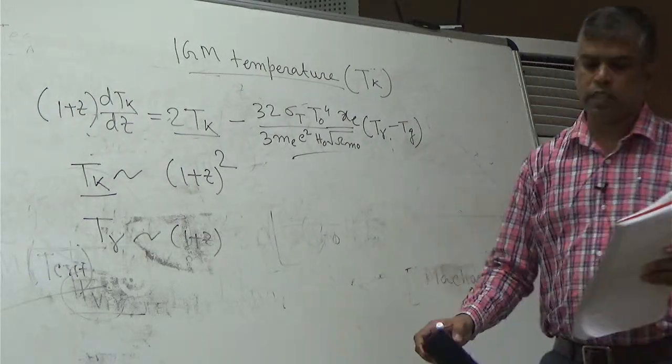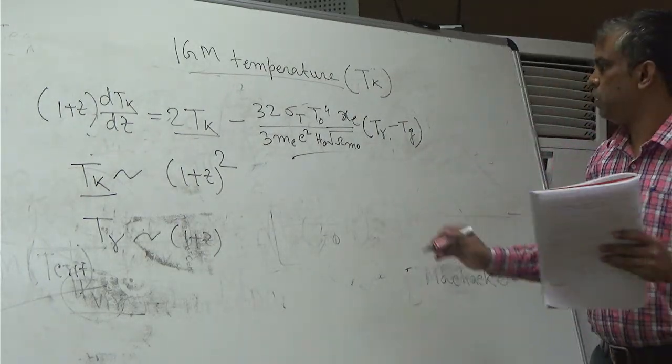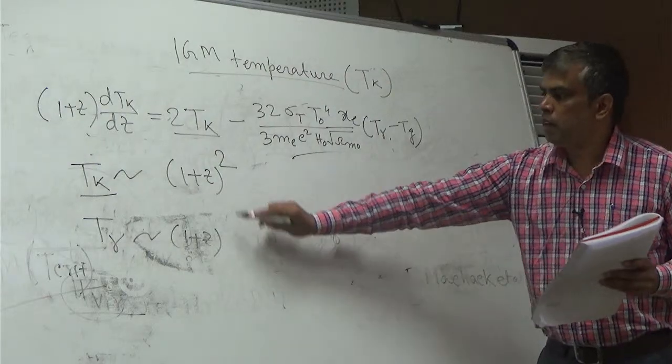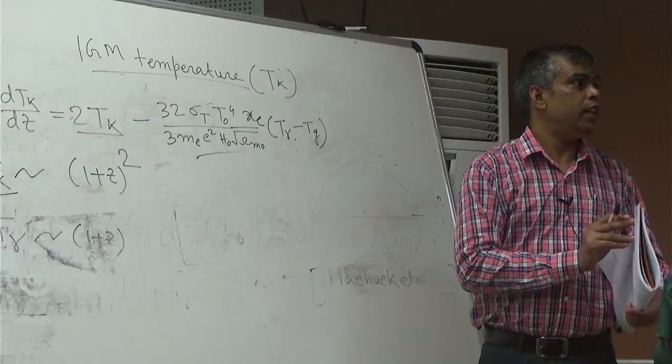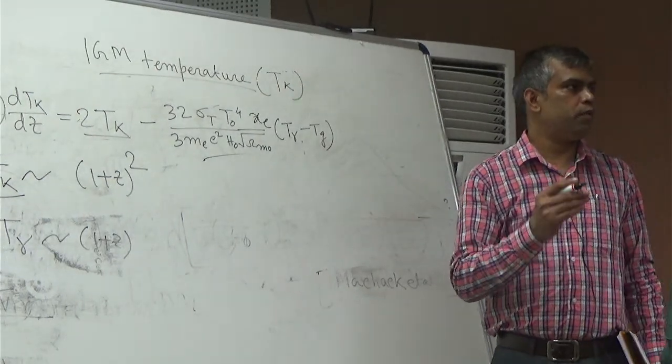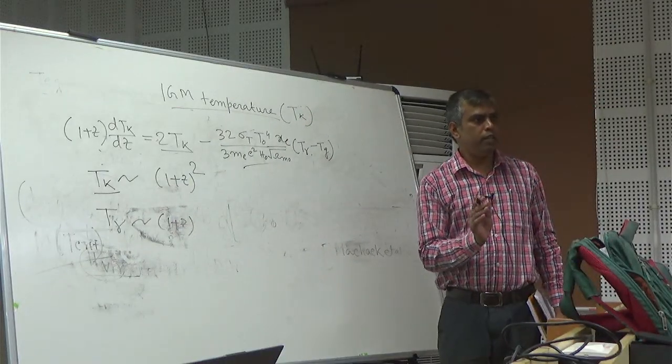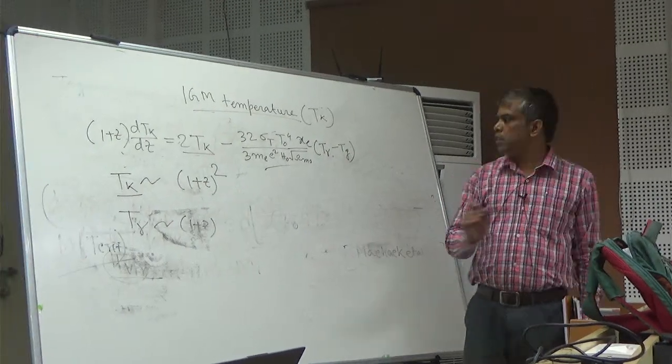So this is this interaction term. This is the interaction between ambient temperature and IGM temperature through these residual free electrons. So that actually helps to transfer some amount of heat energy from CMBR to IGM.